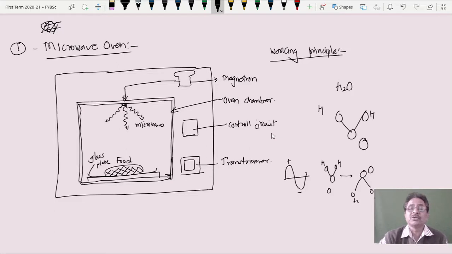Whenever the microwave electromagnetic field is applied, because of the change of polarity of these electromagnetic waves, this molecule gets flipped from positive to negative, from negative to positive, and how many times depends upon the frequency of the electromagnetic waves, in a number of seconds, millions or 10 million times. This particular molecule gets shifted or changes its position, and thereby it causes a movement, and that movement causes an induction of heat.